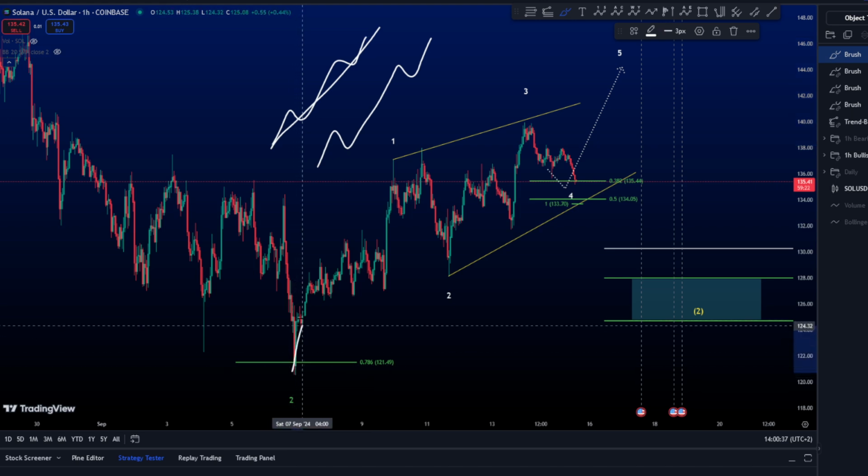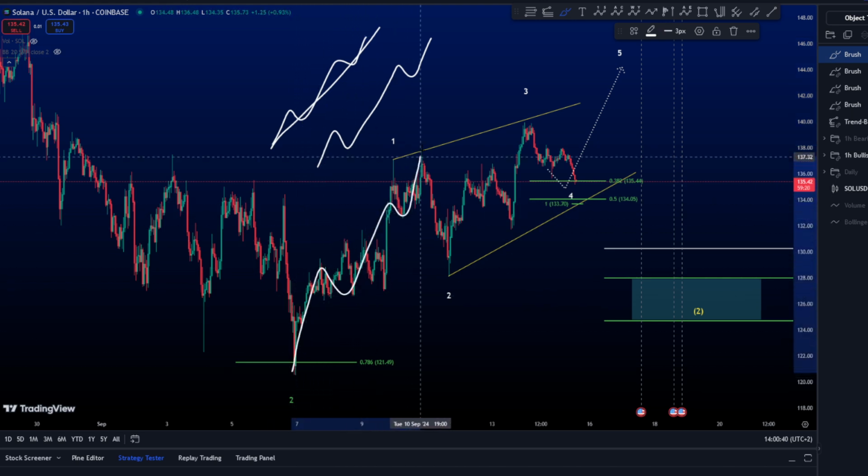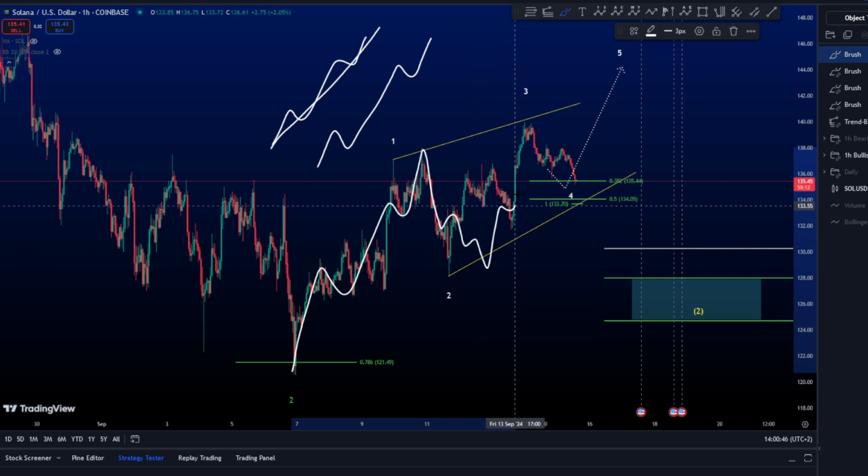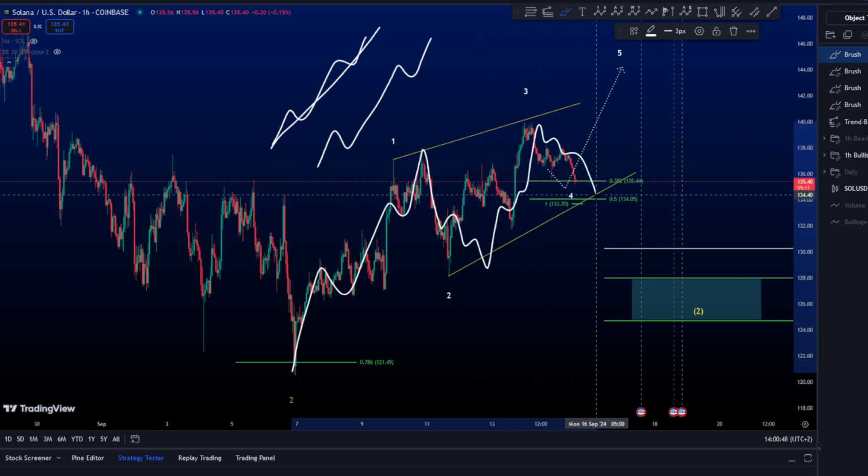Let's say we have a diagonal where you are looking at impulses like this one, for example, and then you want to see another impulse and another impulse and another impulse.